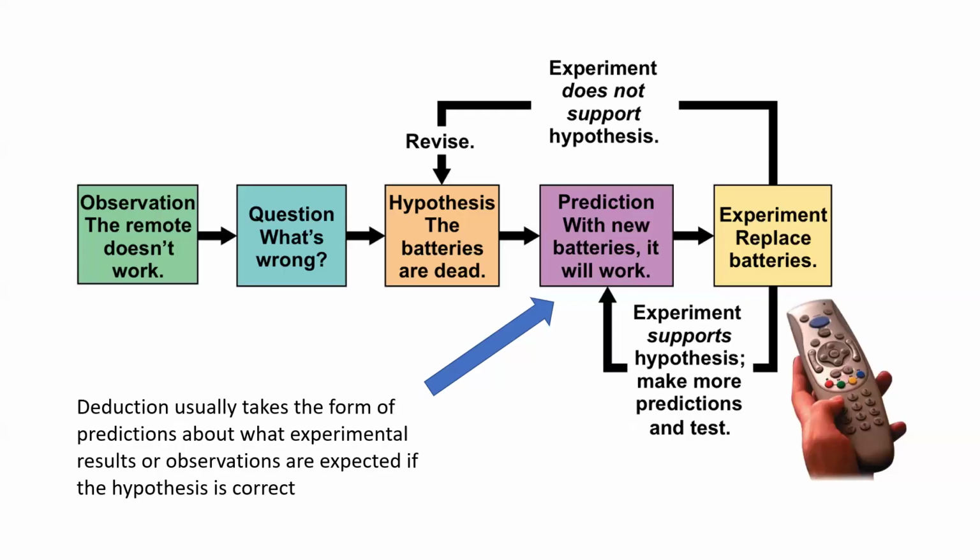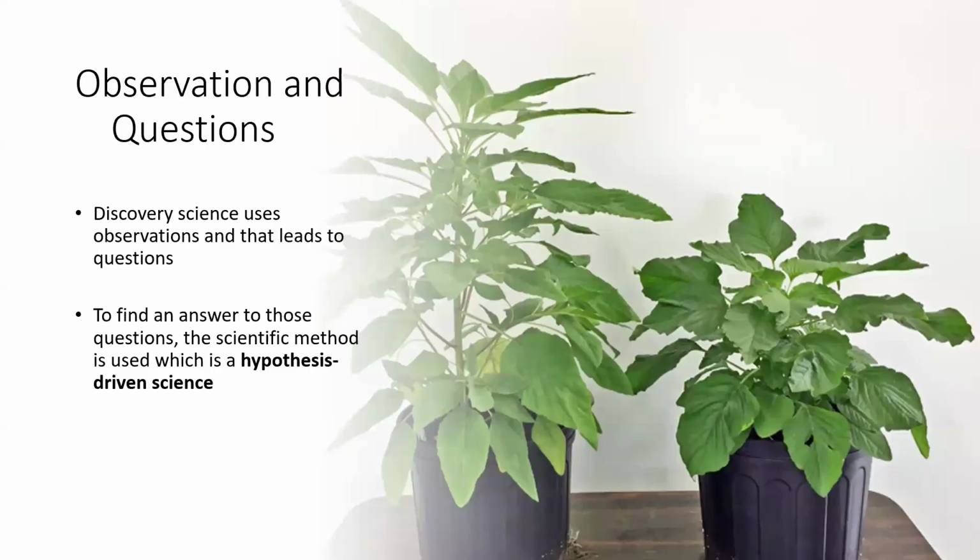That's a very simplified version of what the scientific method would look like on a very common everyday problem. I'm going to go through a few examples with you throughout today's class, and hopefully by the end you will understand how to apply it to different situations.